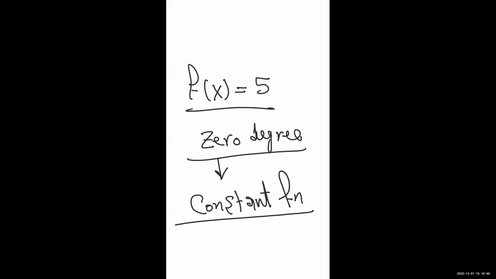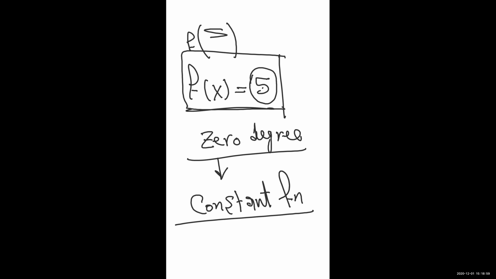Constant function means its value never changes. f of x always equals 5. So f of anything inside the bracket has to equal 5 if f of x equals 5.